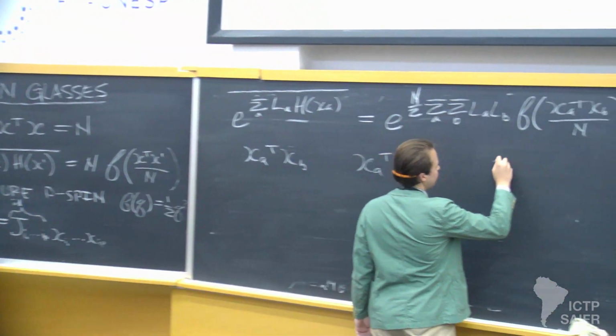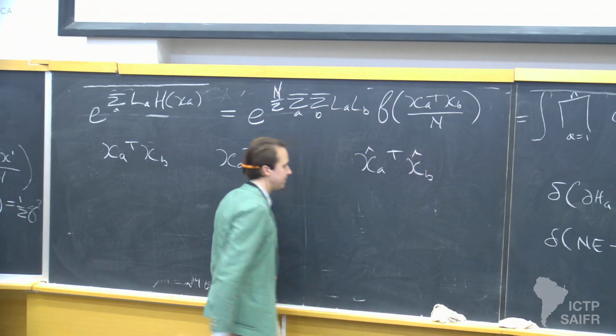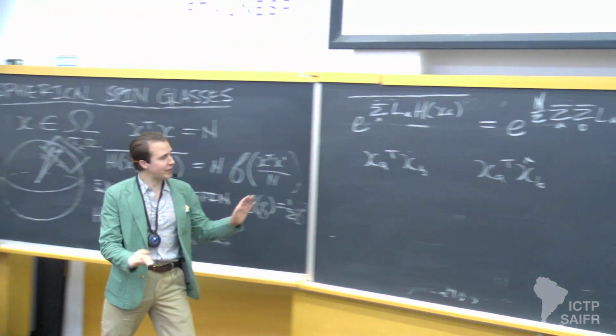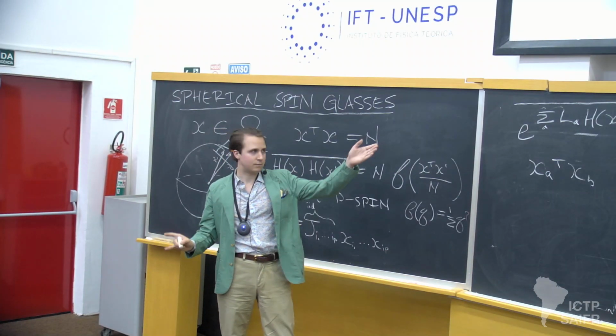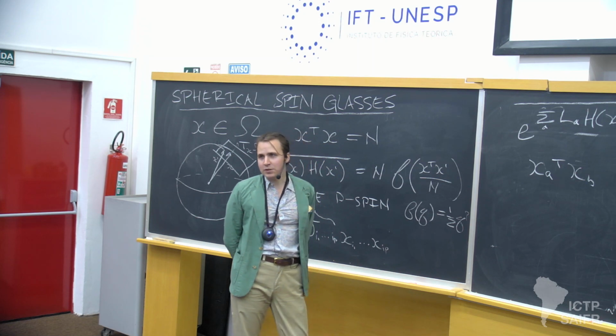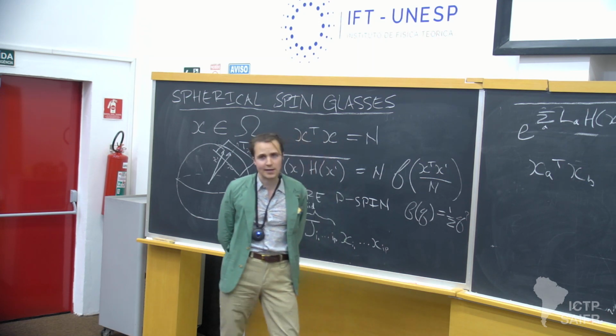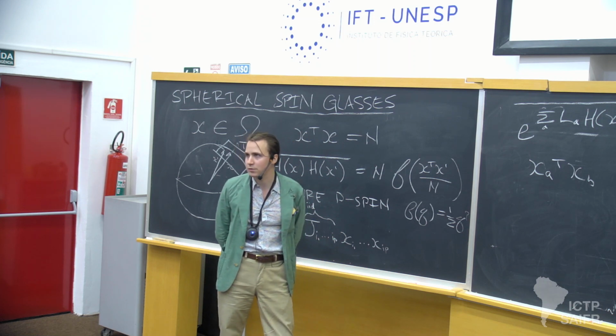And we have x, A, hat, transpose, x, B, hat. And these are the only things which enter the expression. And so it's natural to define them as order parameters that we will then move out of the world of x's and x hats and into the world of order parameters, which is what we would like to do in the mean field calculation.